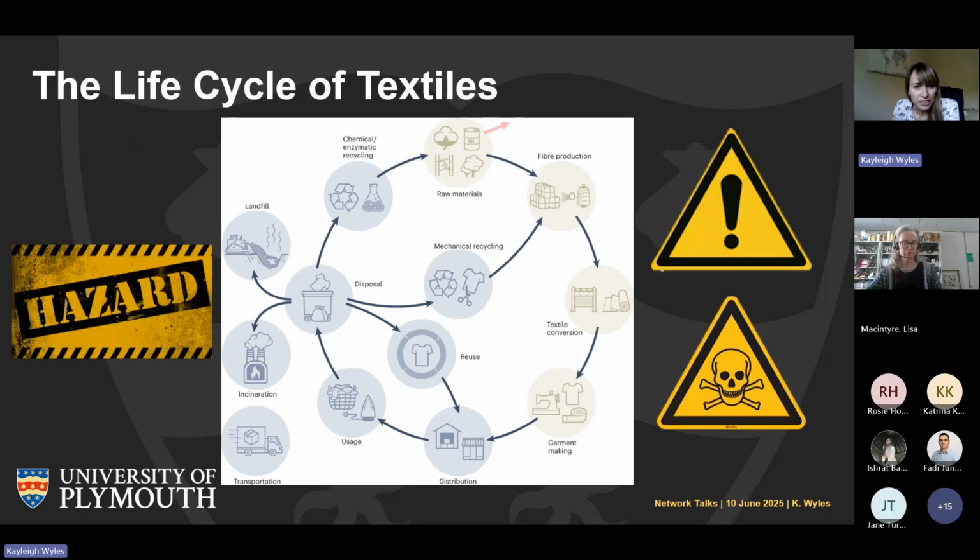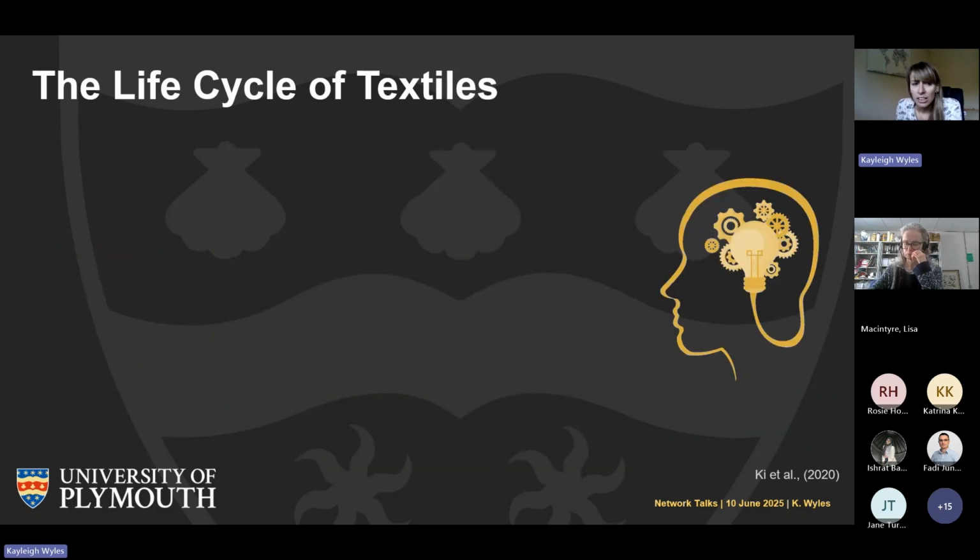But within each of these, there's scope for leakage and release. It could be chemical release, it could be microfiber pollution. Either way, at each of these steps, we are releasing stuff into a natural environment, which I think Kerry's talk a couple of months ago covered some of this. So as well as it being a cause of concern, there's also people behind each of these.